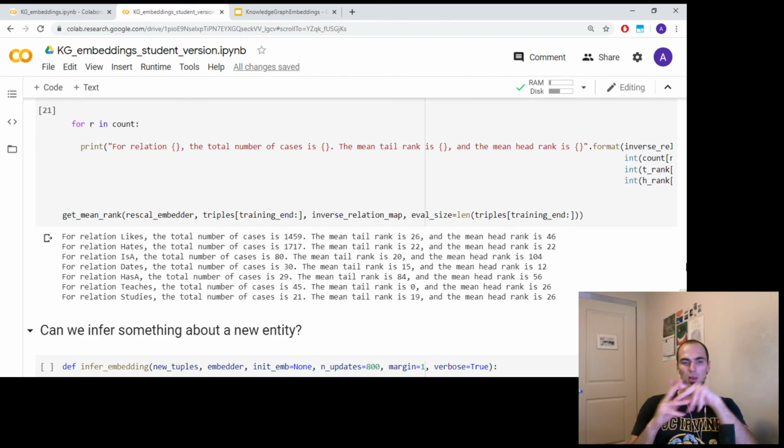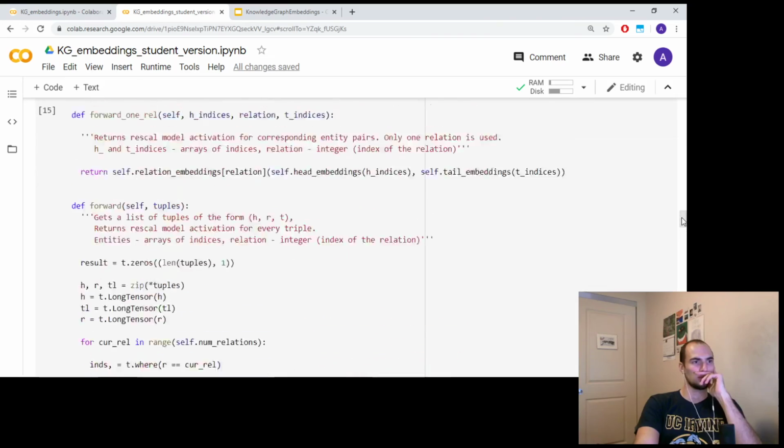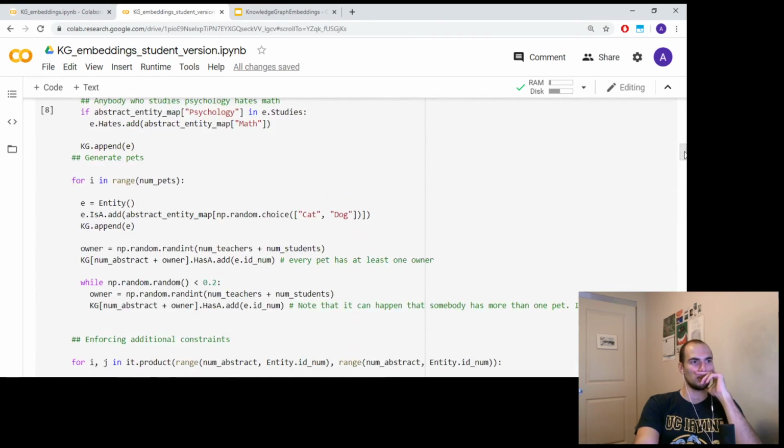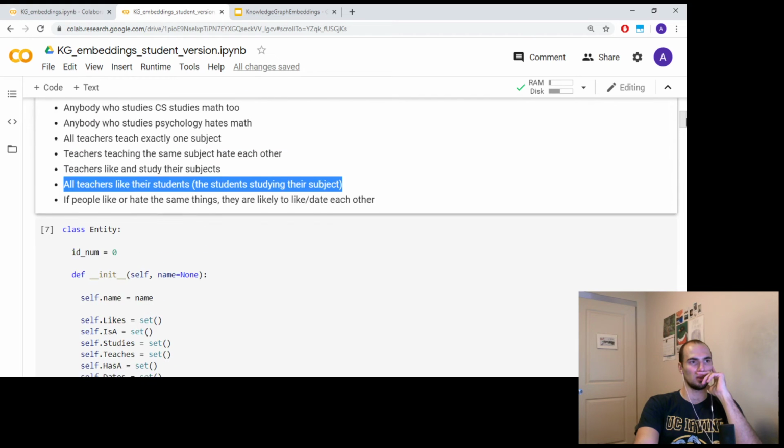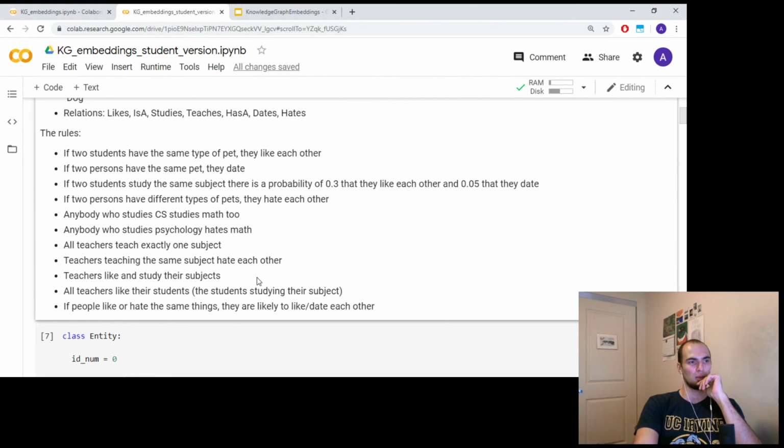So for example, you would expect the model to generalize in the following way. You're saying nothing about a new entity other than this is a CS teacher, right? And since we know that all CS teachers hate all other CS teachers, we would expect the model to generalize based on that. But the model is not always working as you expect it to work. While the model can rely on the fact that something is a teacher, it could also rely simply on the connectivity structures between people who hate each other.